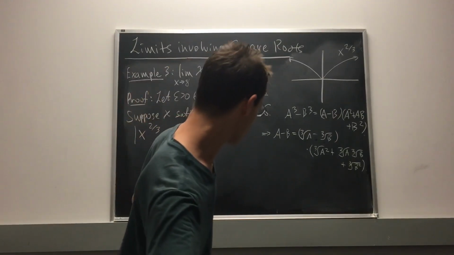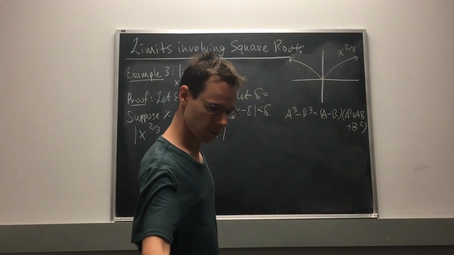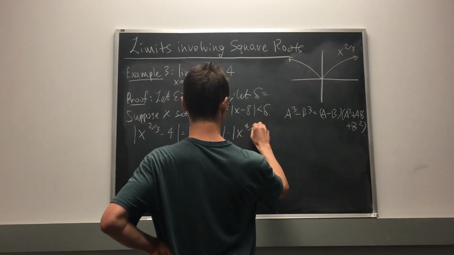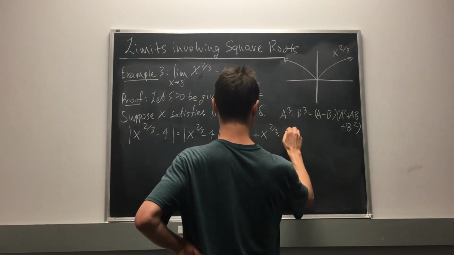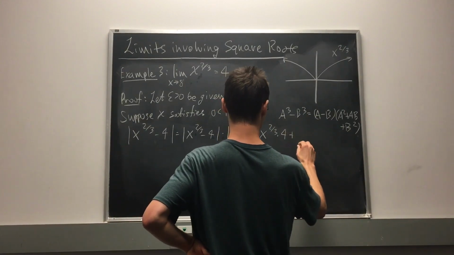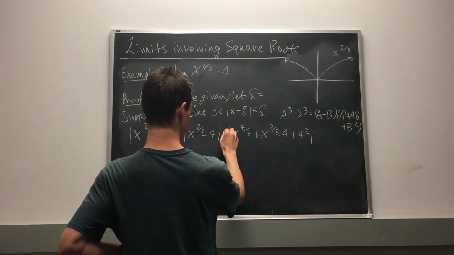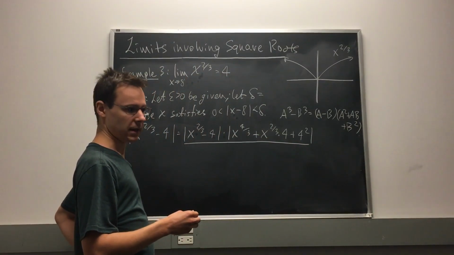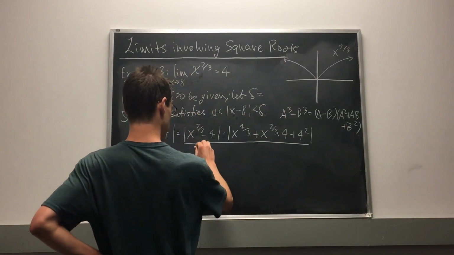So let's erase this, give us some more room. So we're multiplying and dividing by x to the 4/3 plus x to the 2/3 times 4 plus 4 squared, okay? And we're dividing by the same thing. And if you think about it, we don't need the absolute value here, since our function is always positive and so is 4, okay?